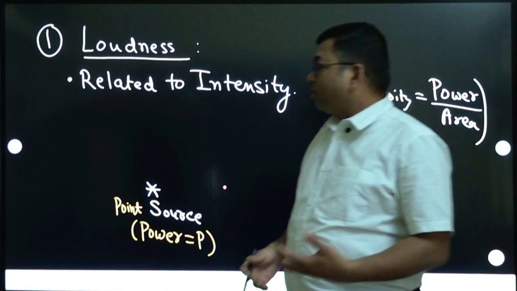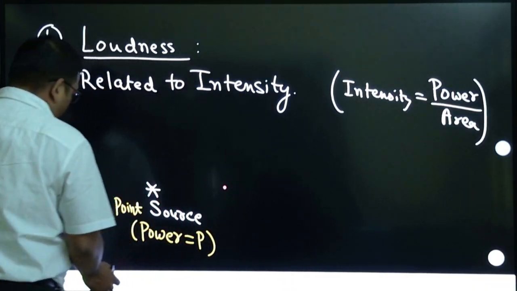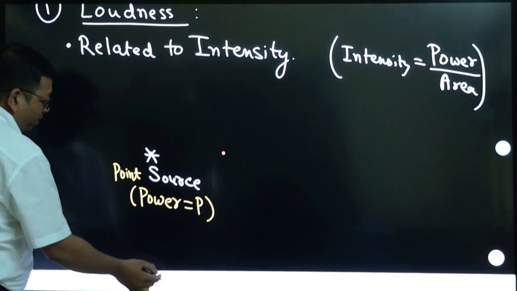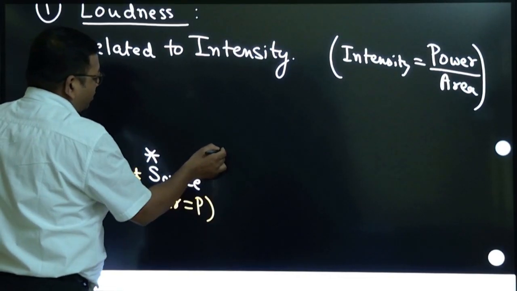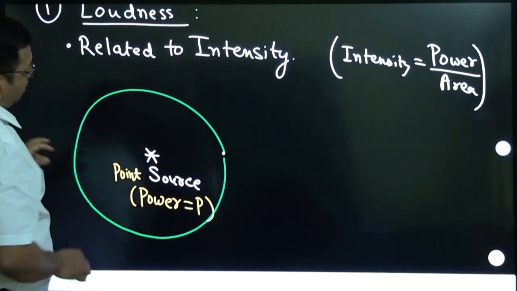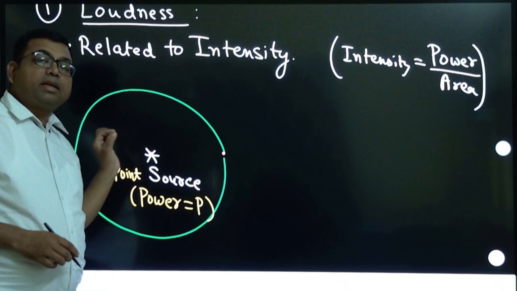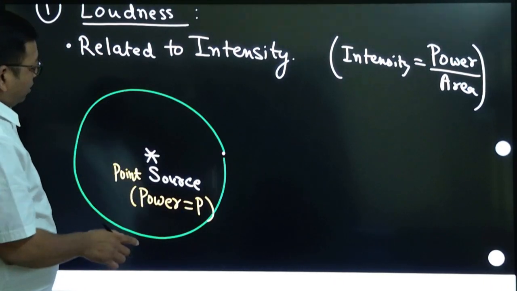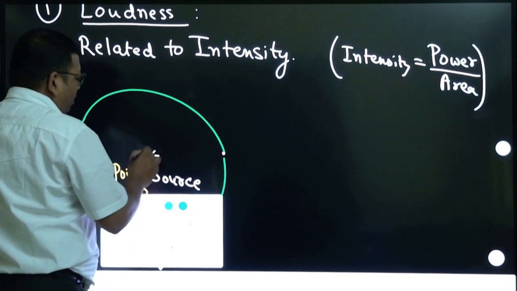So this source also has a constant power, and you want to calculate intensity at this point. What you need to do is draw a sphere around it, considering that this source is the center of the sphere.